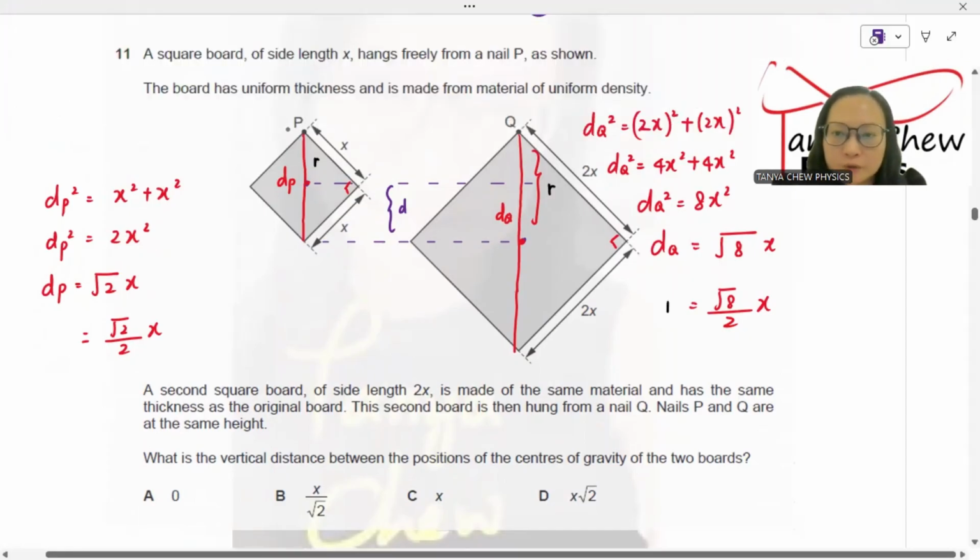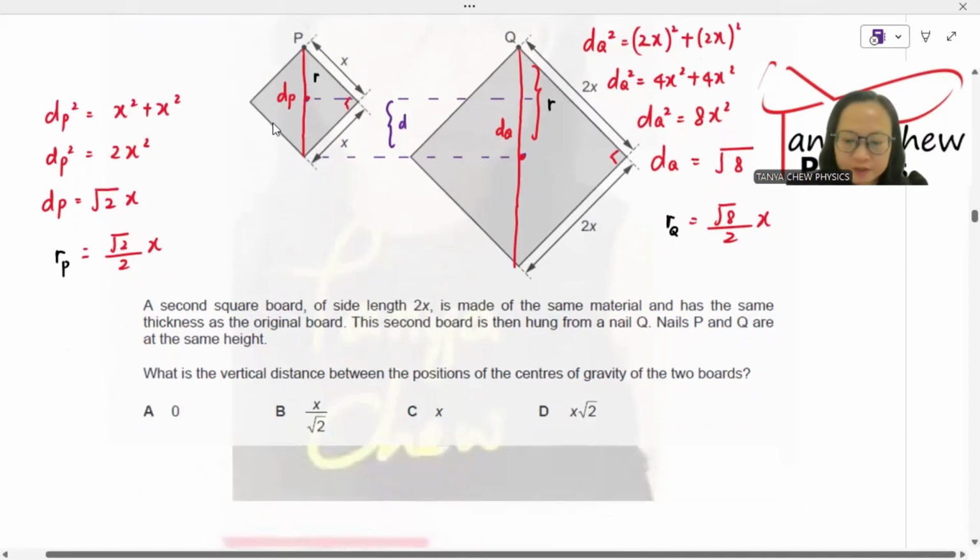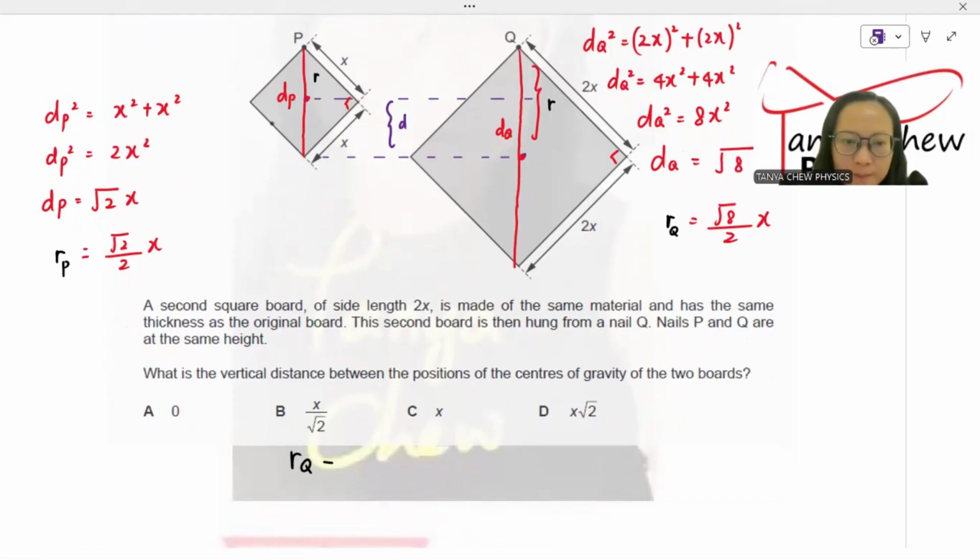So the r is like a radius, so you have to divide by 2 because dp means diameter, dq means diameter. So this is rp, this is rq. So if you want to find the vertical distance between P and Q, you just take rq minus rp. So vertical distance.